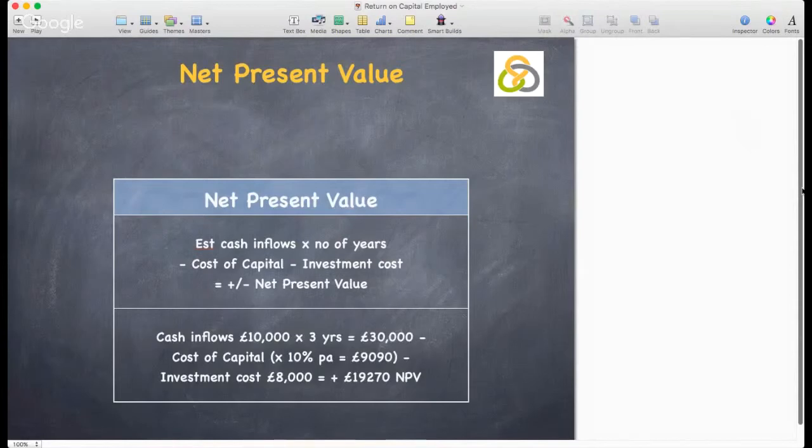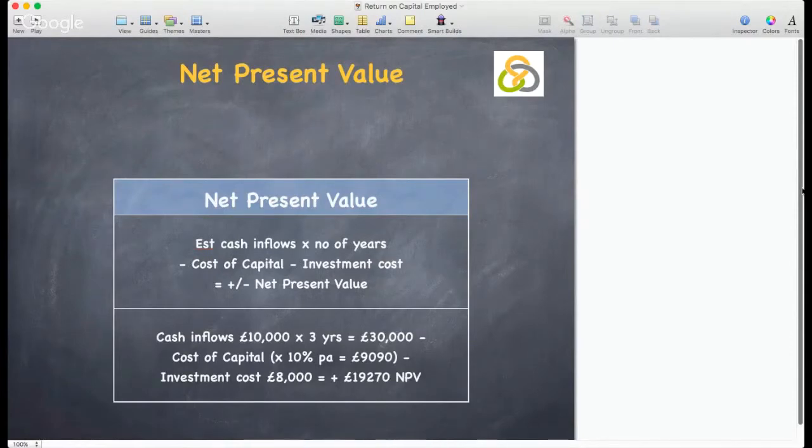So 10% is £9,090 per year. We multiply that by 3. We then take away the initial investment cost of £8,000, and that gives us a plus value, net present value of £19,270.